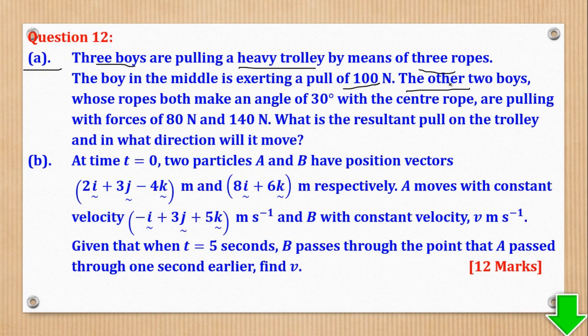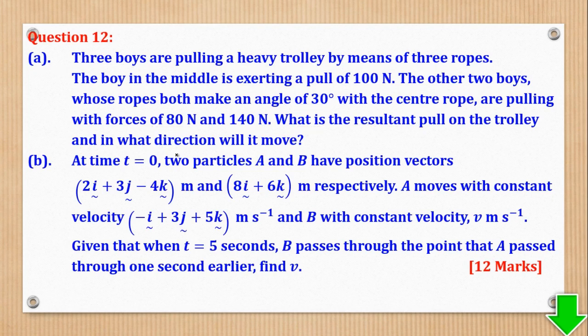The other 2 boys, whose ropes both make an angle of 30 degrees with the center rope, are pulling with forces of 80 newtons and 140 newtons. What is the resultant pull of the trolley, and in what direction will it move?